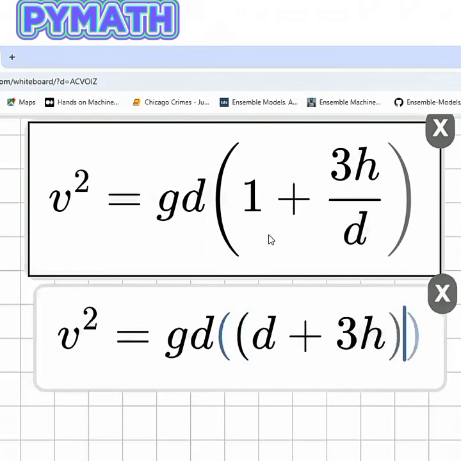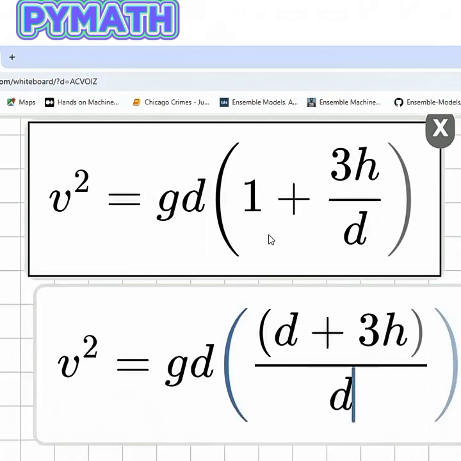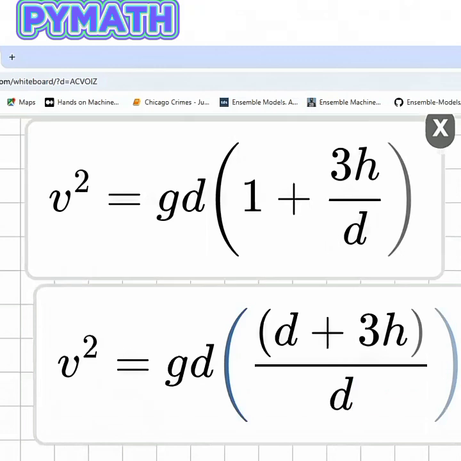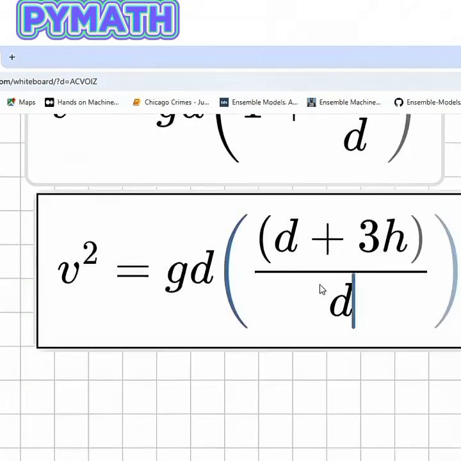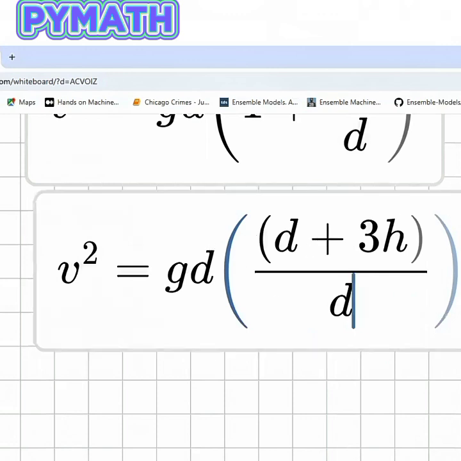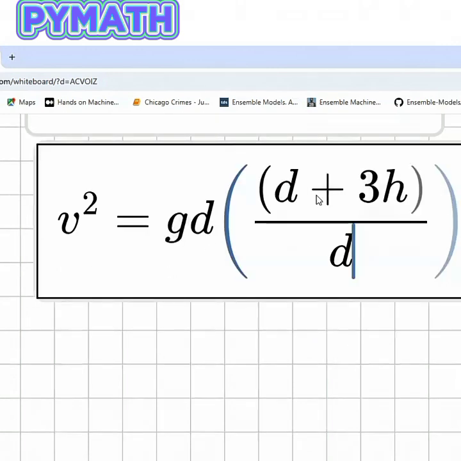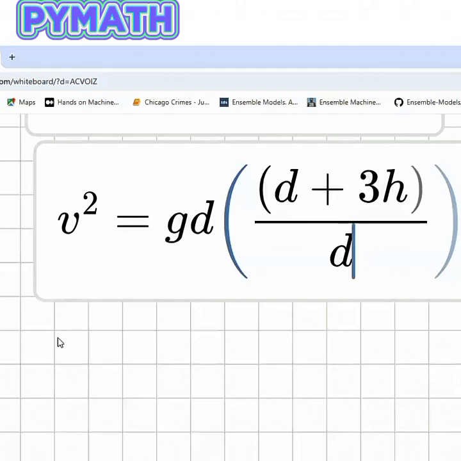If we work this out, the whole of this will be all over d. All right, so this is what we have. Now, looking at this, it is obvious that gd will multiply this numerator. So we can do a cross multiplication. Let's take a step on this so we can see that clearly.